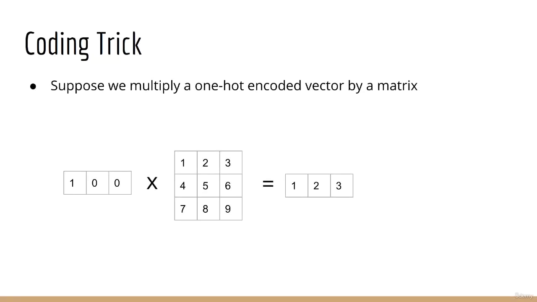So consider what happens if we multiply a one-hot encoded vector with a weight matrix. Let's suppose the vector is just three-dimensional, 1, 0, 0, and the weight matrix just contains the numbers 1 up to 9. You can verify for yourself that when we multiply this vector by this matrix, we get the vector 1, 2, 3.